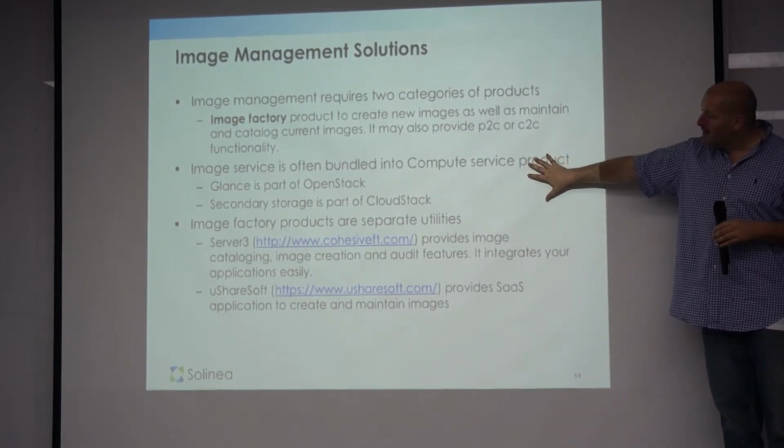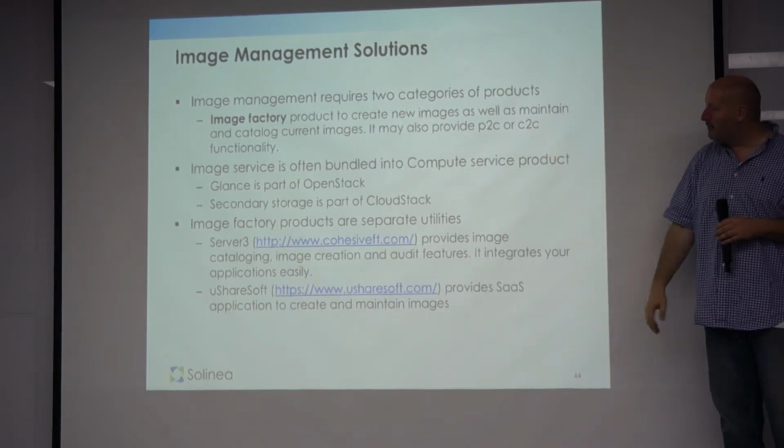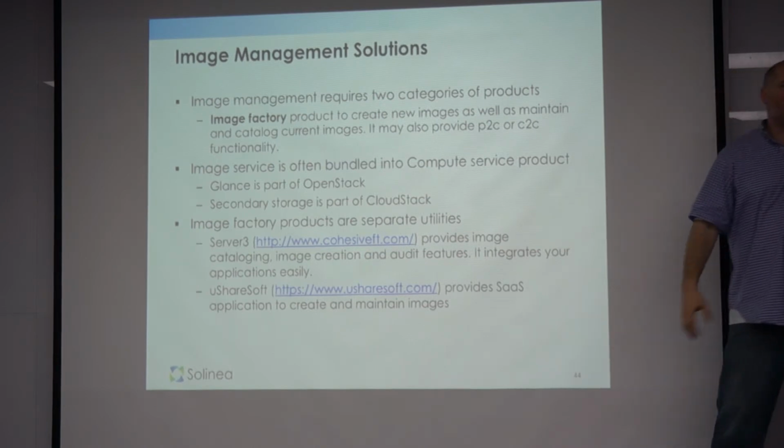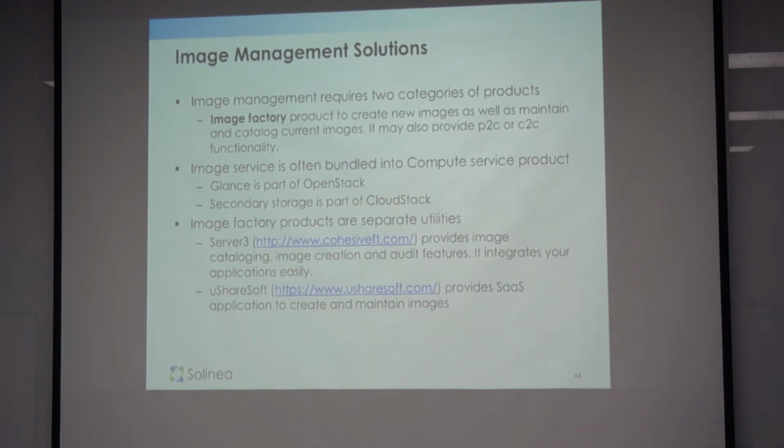It's pretty easy to get the image service. It's already built into both CloudStack and OpenStack. But to be able to create the images themselves, you usually need some kind of tool that's out there. UShareSoft is a SaaS tool, which allows you to create images with pre-built applications on it. Server 3 is another one, which allows you to create pre-built applications for a number of different clouds with your code on it.